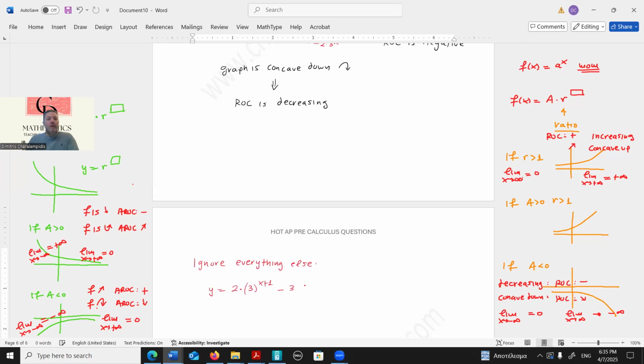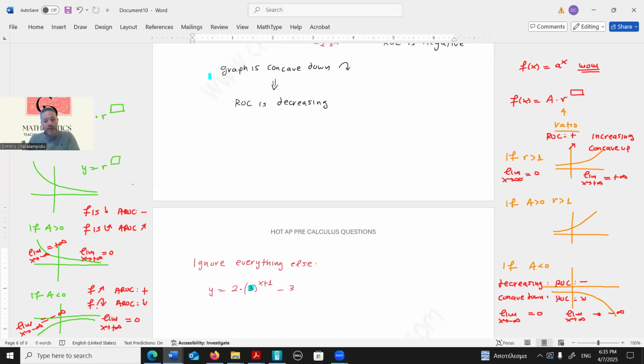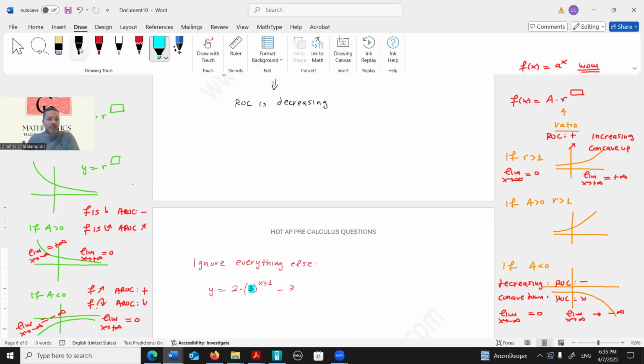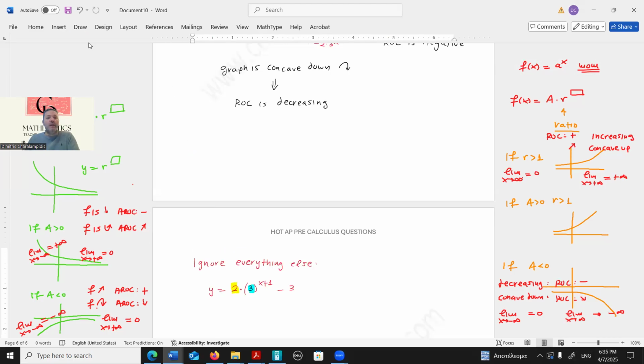Minus 3. The only important thing on how the graph will look like is that ratio and the number in front.